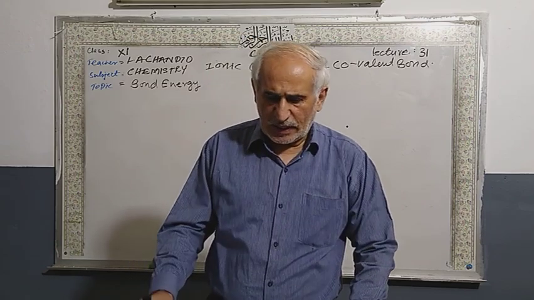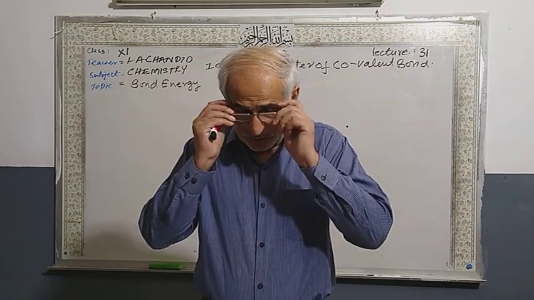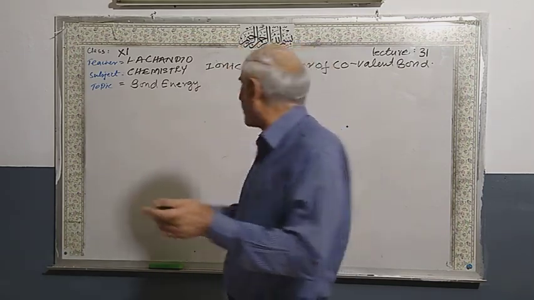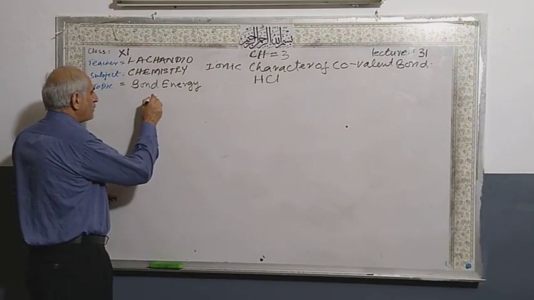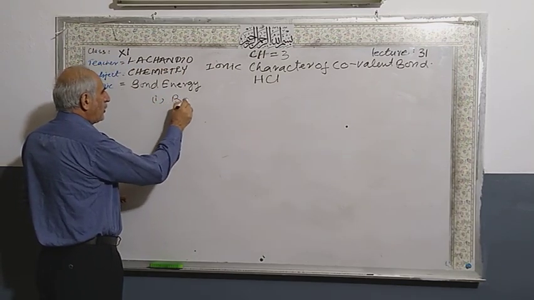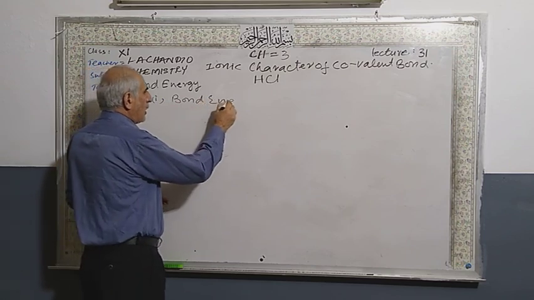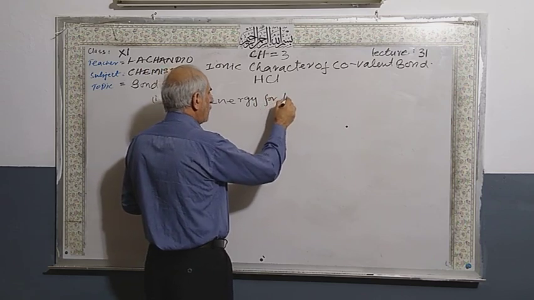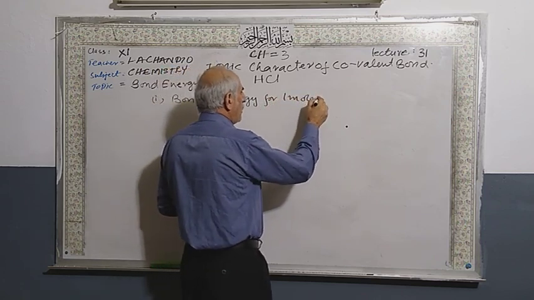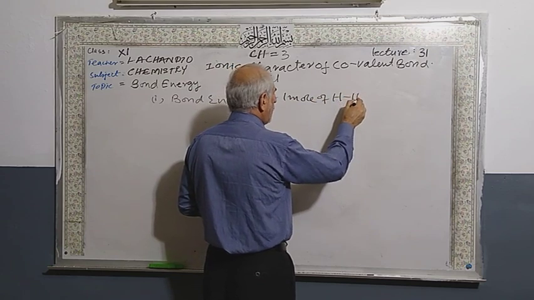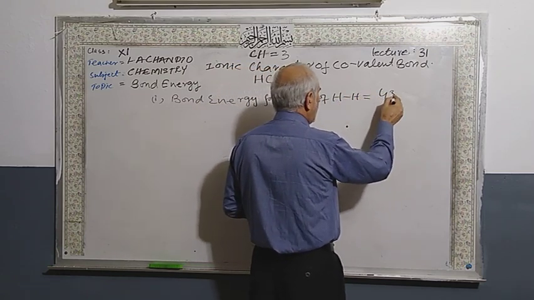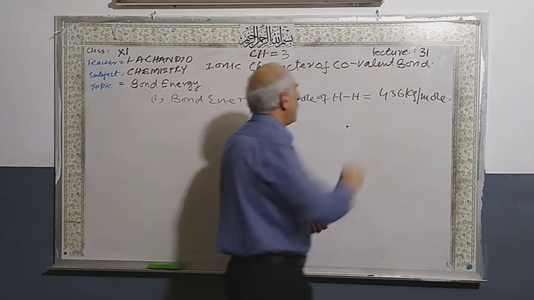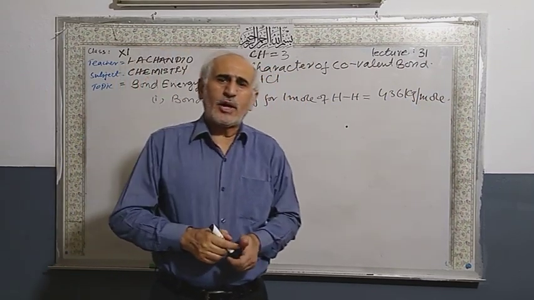Bond energy of the hydrogen, written here as 1: the bond energy of 1 mole of hydrogen bonds is 436 kilojoules per mole. Then you break the bond between hydrogen and hydrogen.